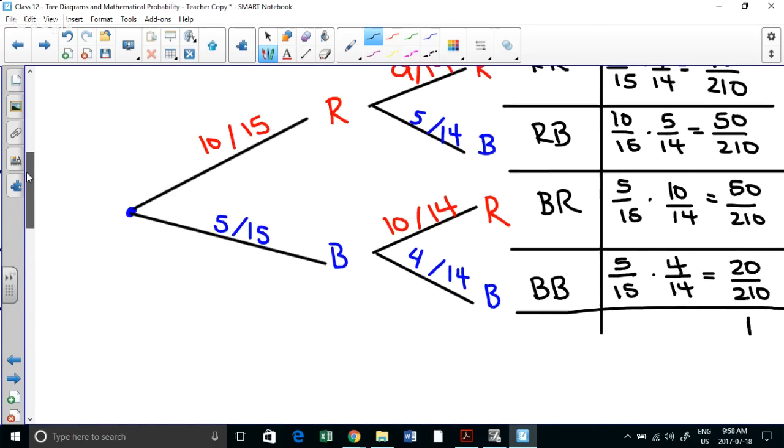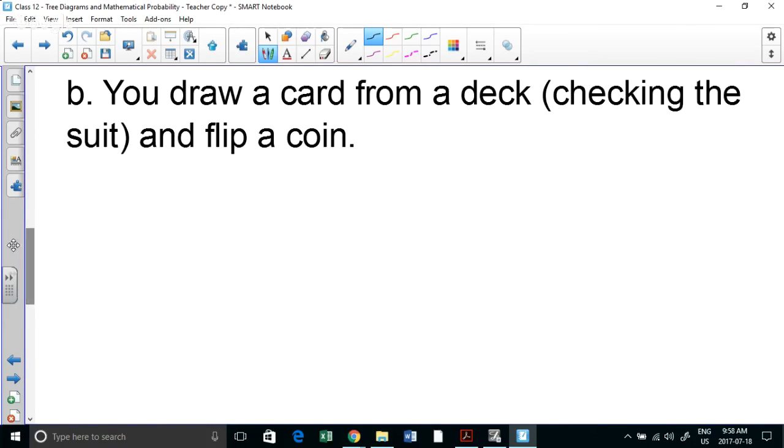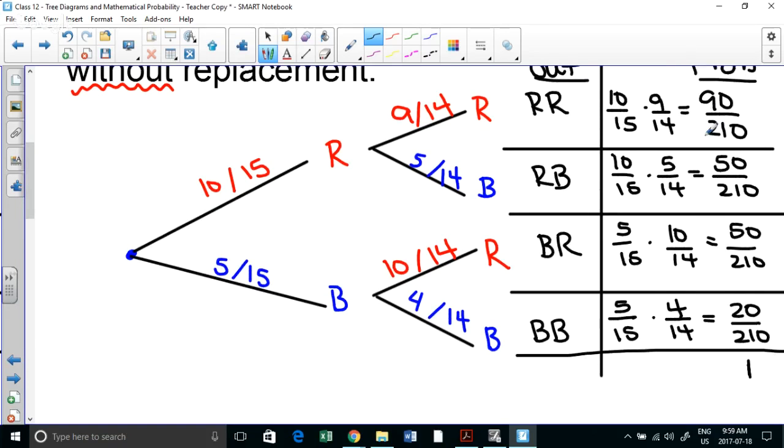Let's take a look at one more. You can simplify, and you should simplify. But when you're checking to see if they add up to 1, it's easier to leave them like this.